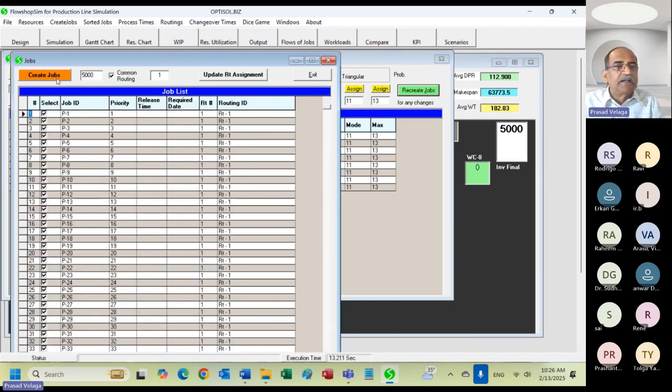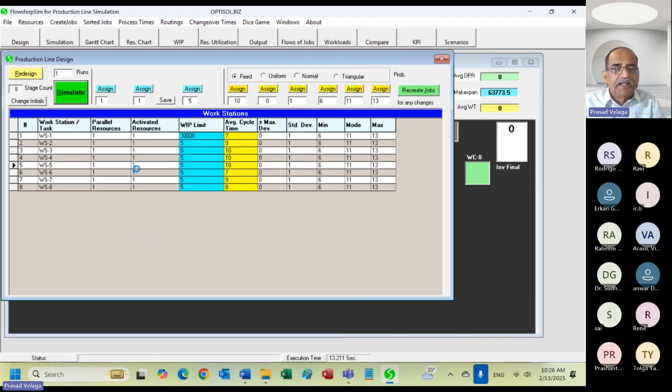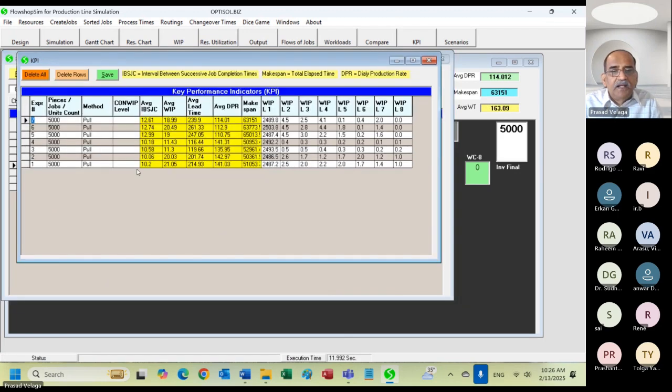Let me create the jobs accordingly and simulate again. Because those two machines are pretty busy, I reduced the cycle times. Now, finally, from 111 to 114, only 3 pieces.